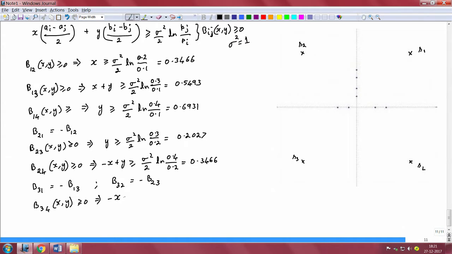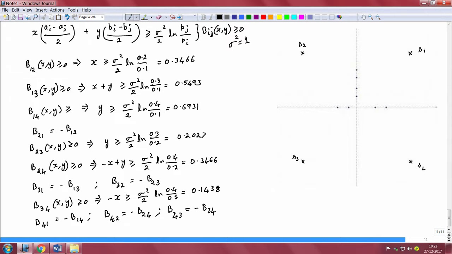So, you will have minus x greater than or equal to sigma square by 2 logarithm of 0.4 by 0.3, which is 0.1438, and for 4 it can be computed from the remaining boundaries. So, we have b41 is minus b14, b42 is minus b24, b43 is minus b34. All these boundaries are already computed here.